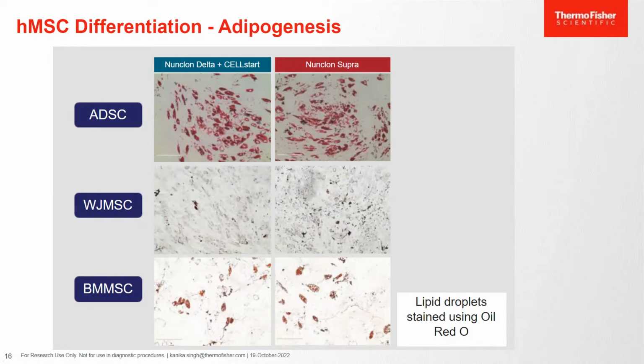So ideally, if you are growing your cells on Supra surface without any ECM coating, adipogenic differentiation is not hampered and you are getting a good amount of differentiation as you would get when you grow your cells on an ECM coated surface.